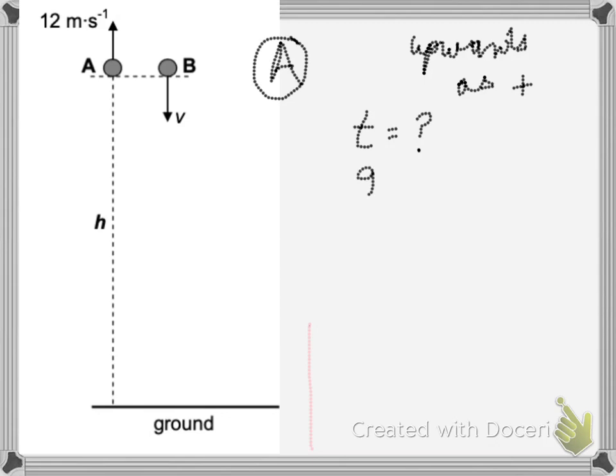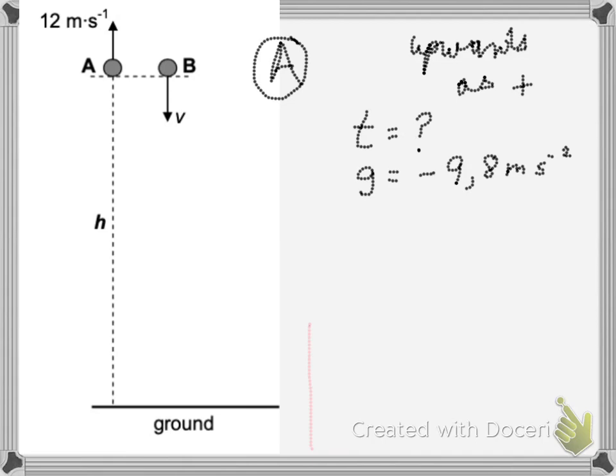What is the value of g? g is always down. So if we take upwards as positive, then downwards will be negative. g acts downwards, so that will be minus 9,8 meters per second squared.